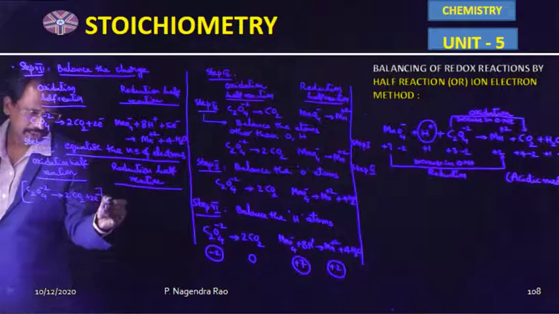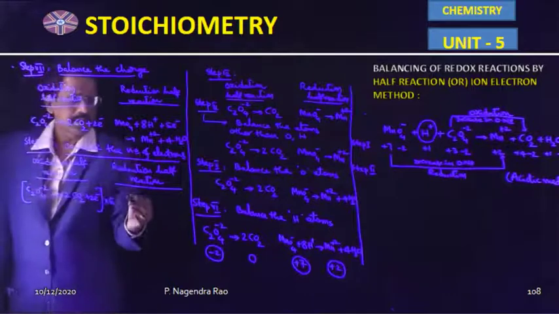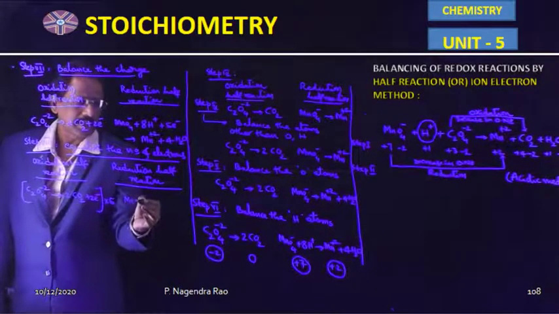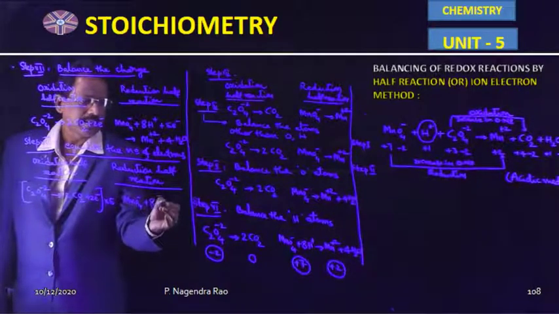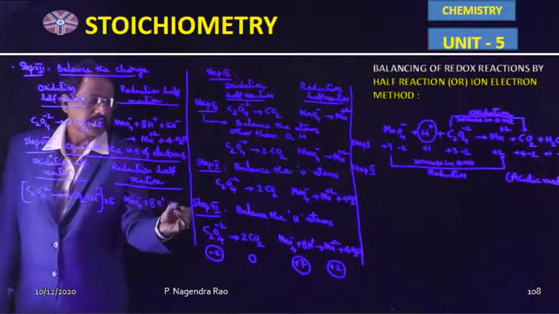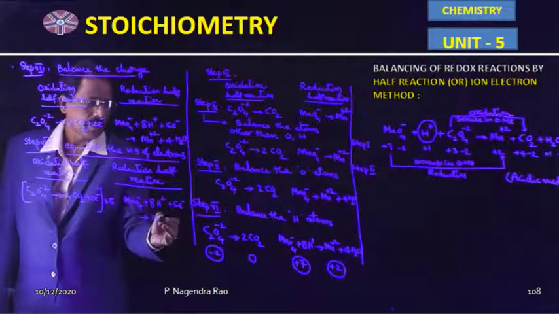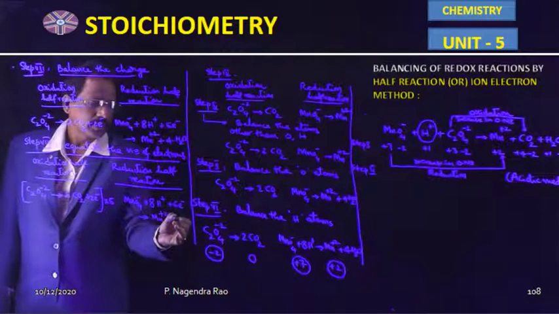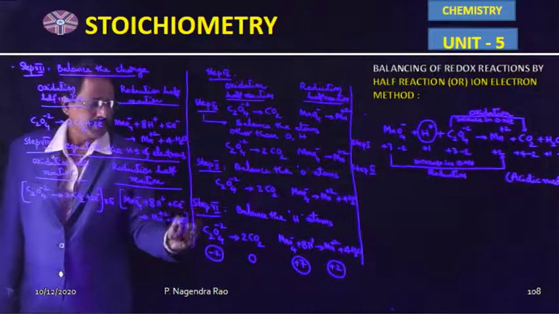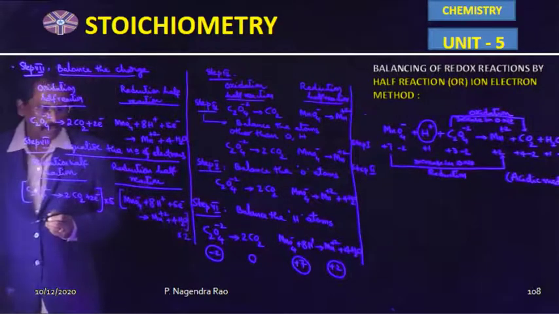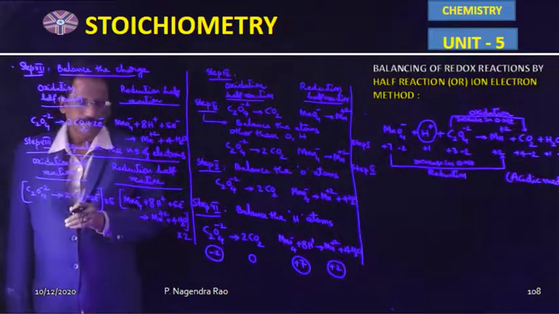Whole equation is multiplied with 5. And this is reduction half reaction. That means MnO4 minus plus 8H plus 5 electrons gives rise to Mn plus 2 plus 4 H2O. This is multiplied with 2 to equalize the number of electrons.